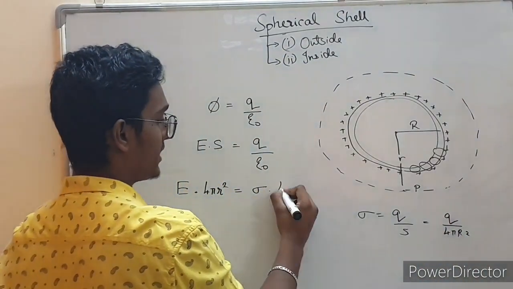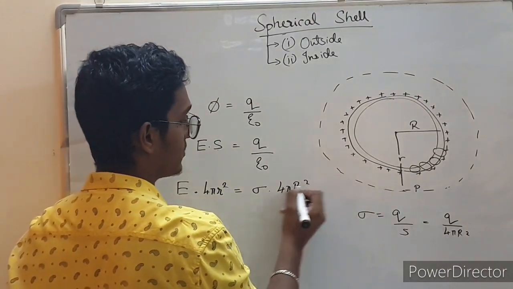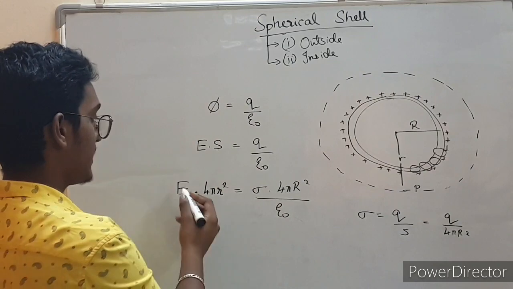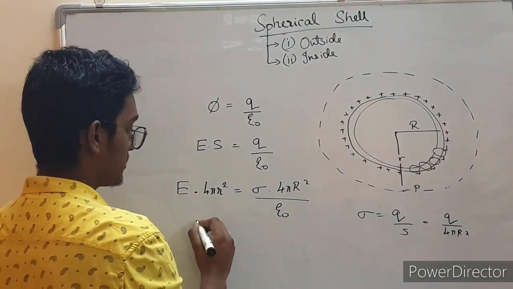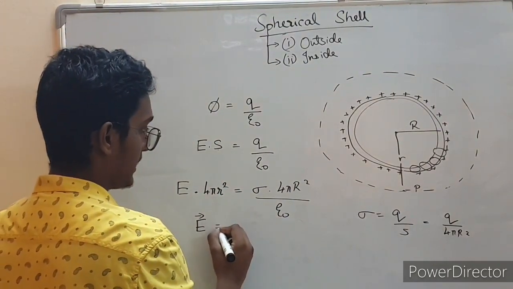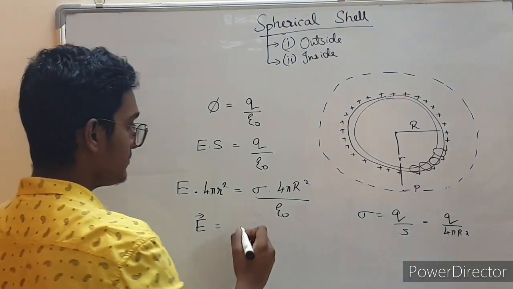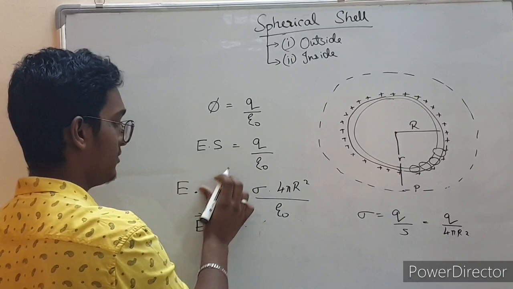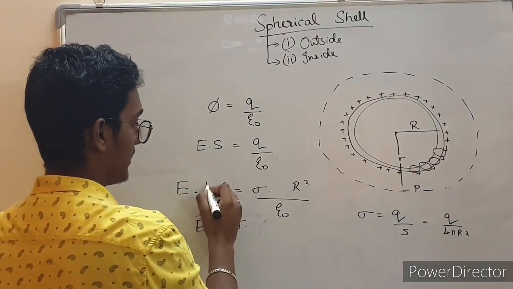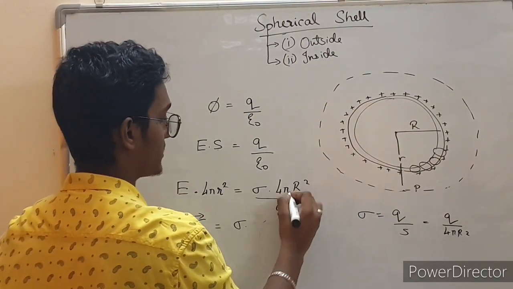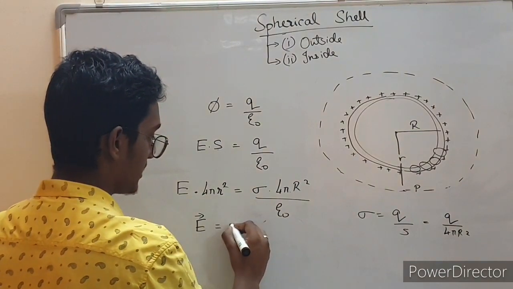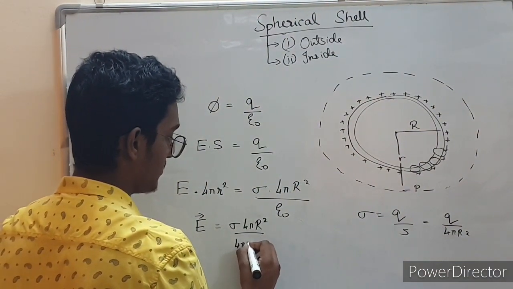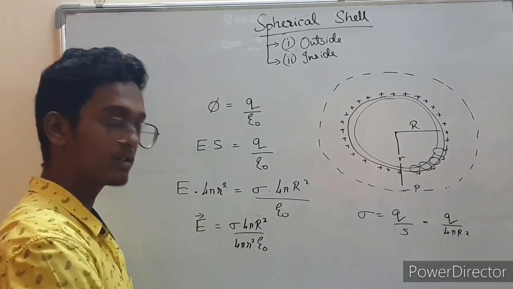So q is equal to sigma into 4 pi capital R squared divided by epsilon naught. Now let's try to find the value for the electric field. Electric field is going to be sigma into 4 pi capital R squared divided by 4 pi small r squared into epsilon naught.